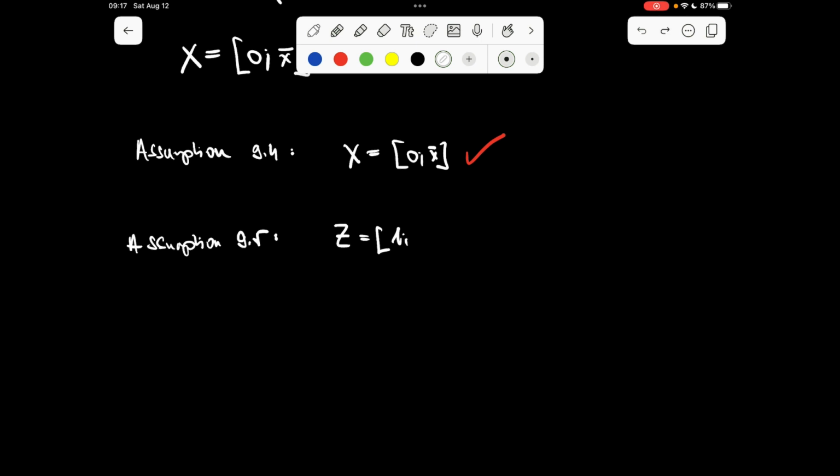This is the state space for the exogenous state variable, which is convex, compact, and a Borel set. So assumption 9.5 is satisfied. This is great.